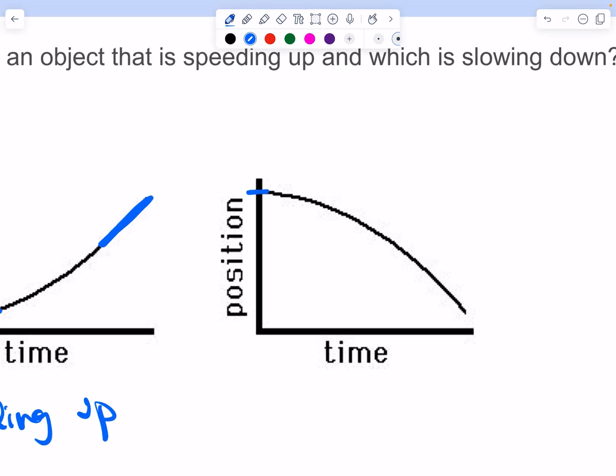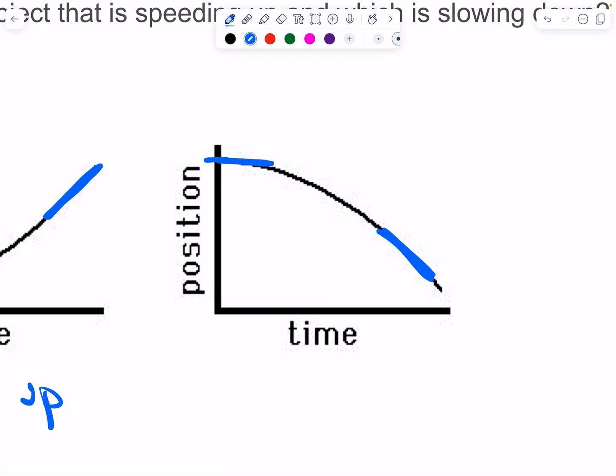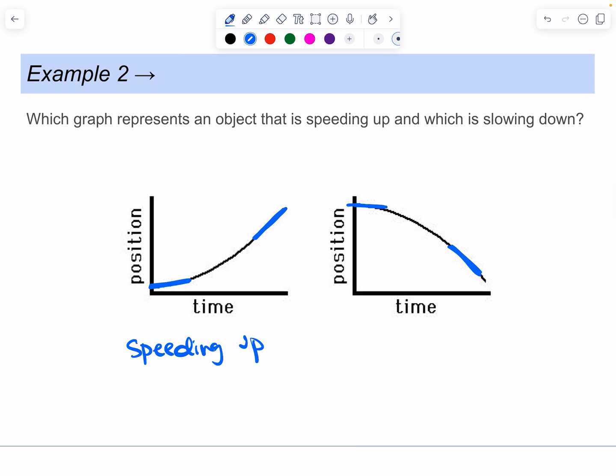Okay. Here, in this graph, it looks like the slope is starting out more gradual and becoming steeper over time as well. So even though the graphs look different, one is going away from the origin, one is going towards the origin, they're both speeding up.